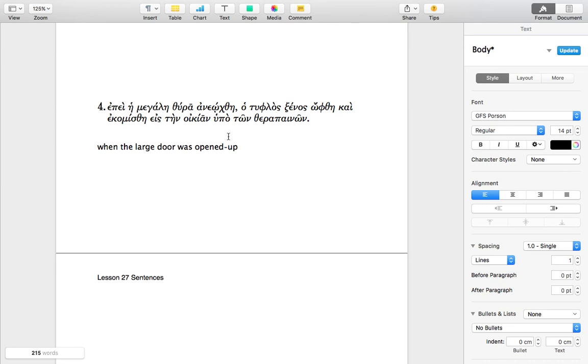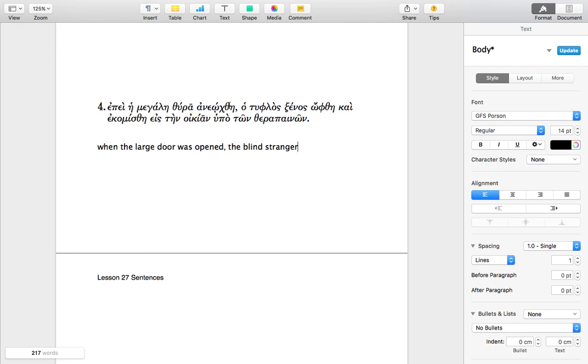When the large door was opened up, or just opened, that's probably better. Ho typhlos xenos, the blind stranger. Now keep in mind, you have subject, verb, subject, verb. You have a different subject here, the large door, and then you have a new subject, the blind stranger.